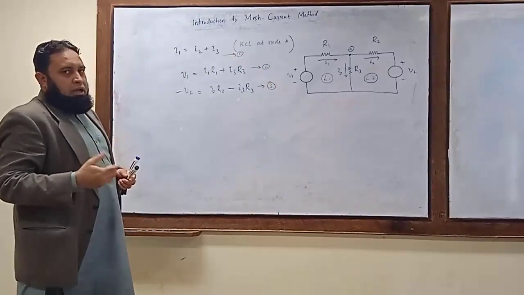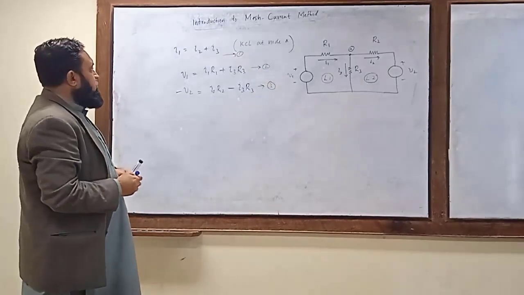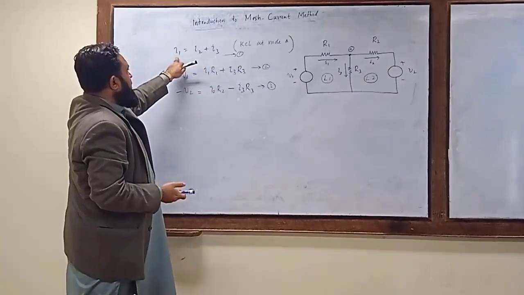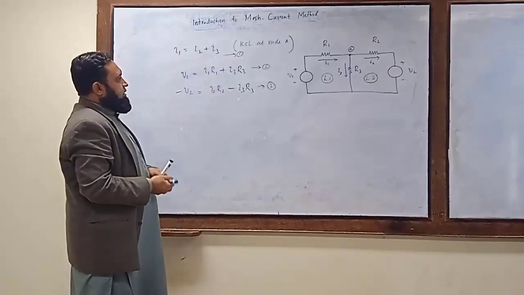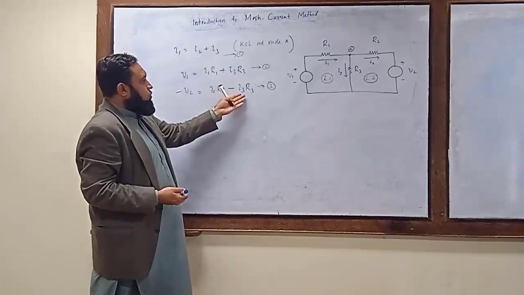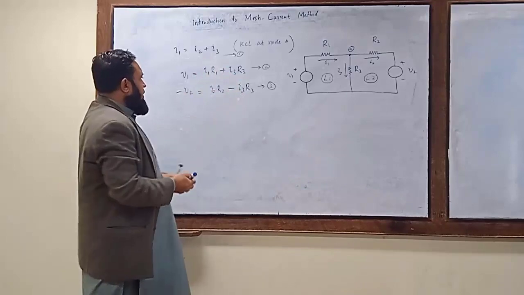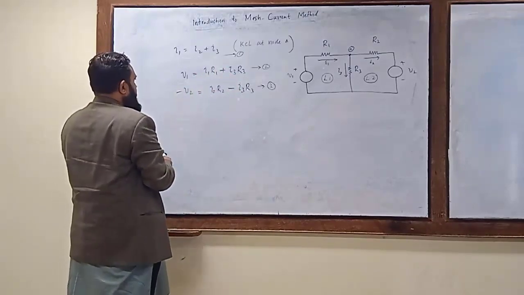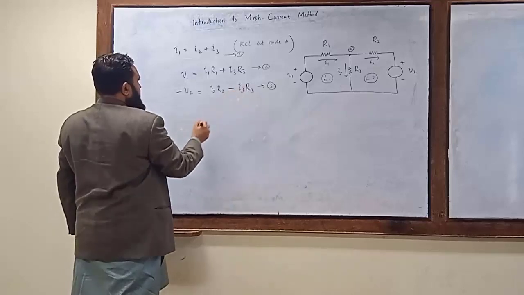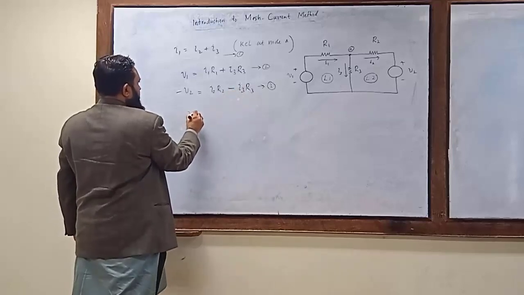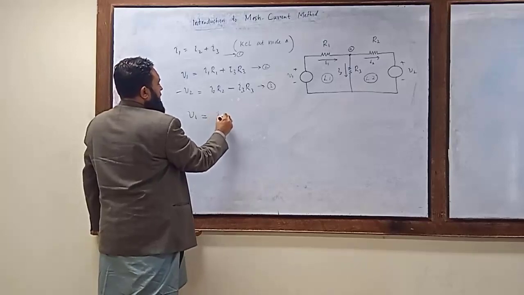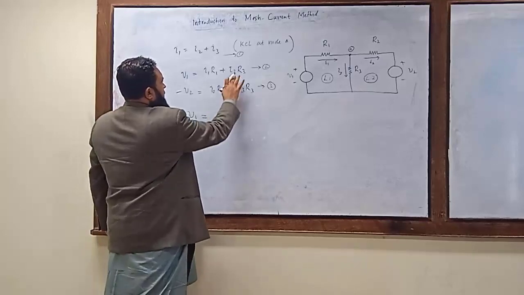Just after a little bit rearrangement of these equations, writing I3 in terms of I1 and I2, and substituting this I3 in equation number 2 and equation number 3, we can rewrite the expressions as like this. So V1 is I1 R1, and what is I3?